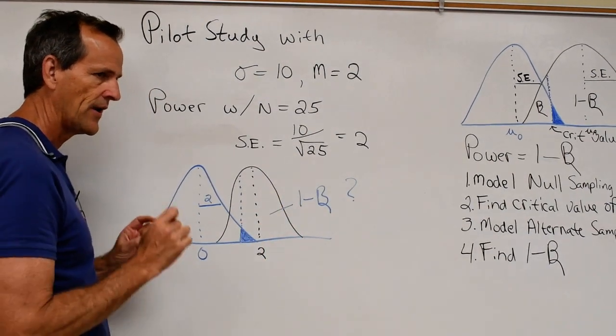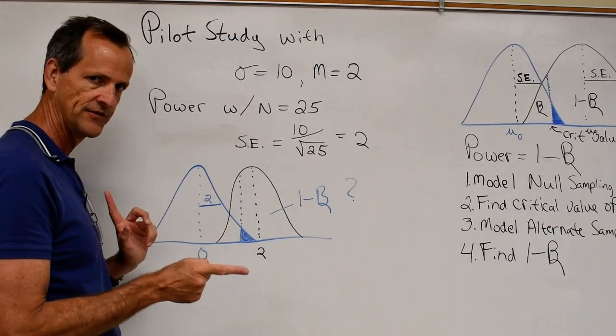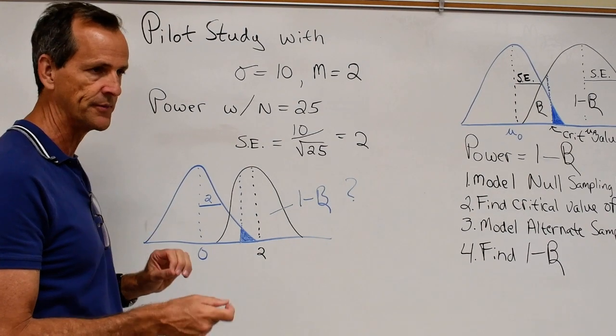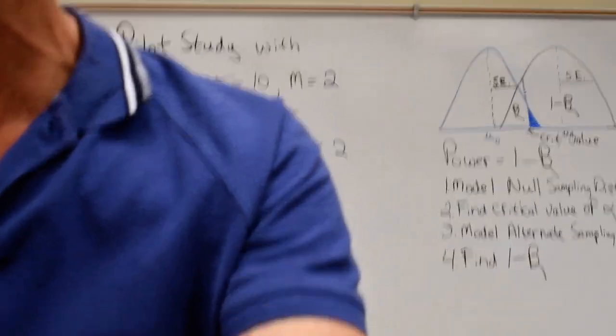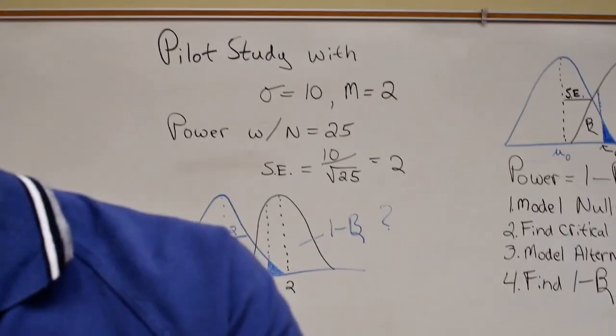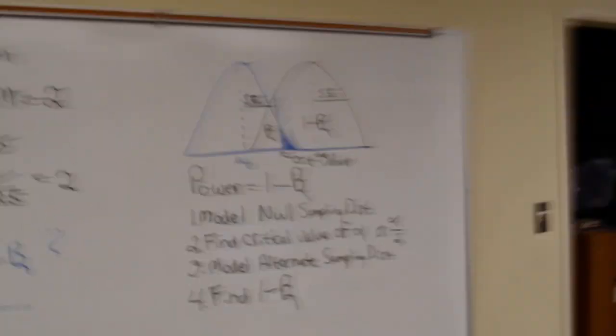Okay, so I'm going to now go to Lane's calculator for the normal distribution. So I'm going to bring the camera over here to the computer so you guys can see how this is going to work. If you'll bear with me for a minute.